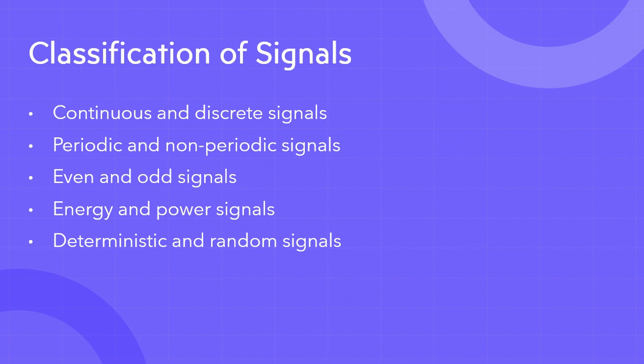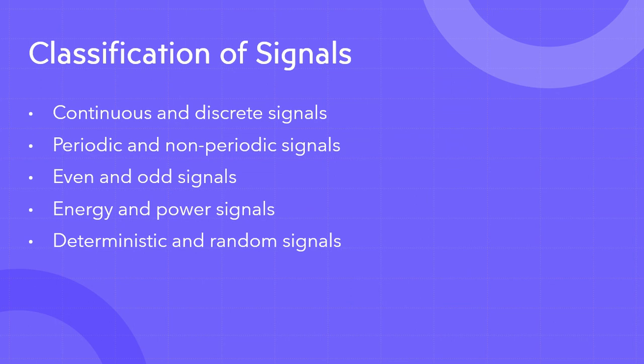Okay. Then a signal is said to be an odd signal if the inversion of the time axis also inverts the amplitude of the signal. There is a condition for both even and odd signals.